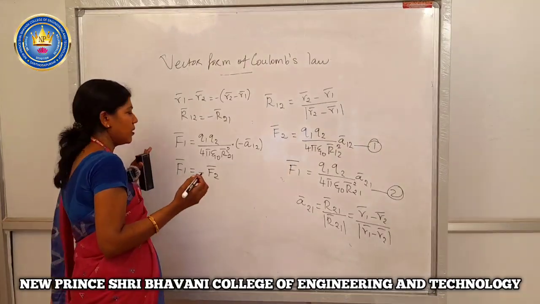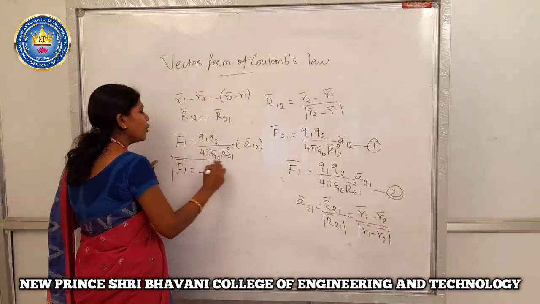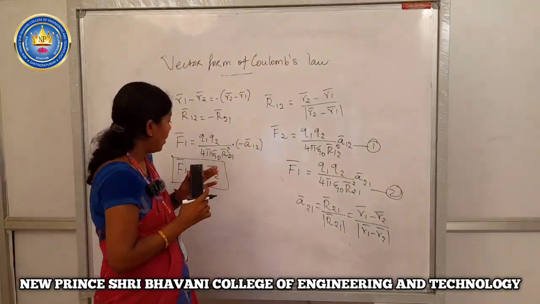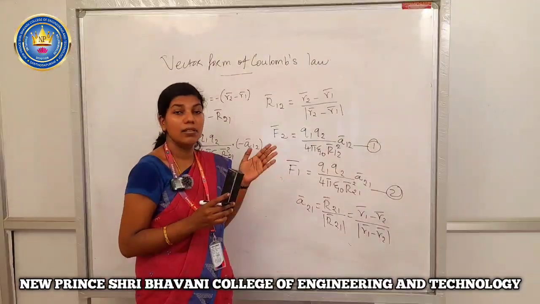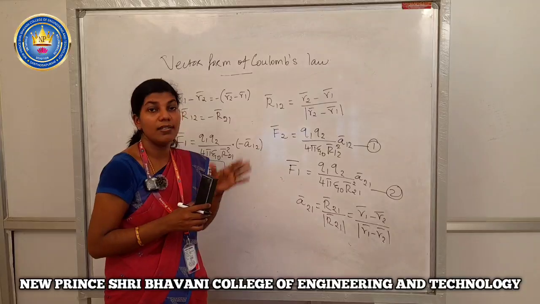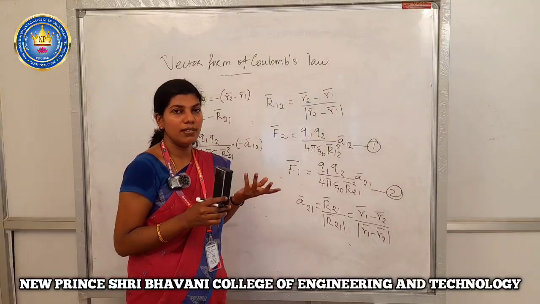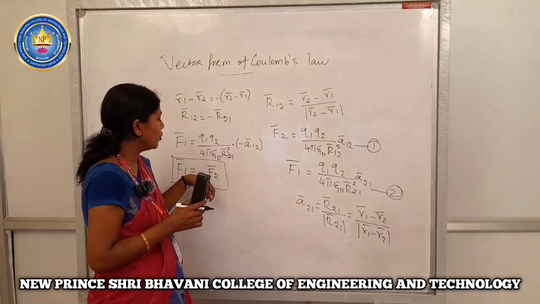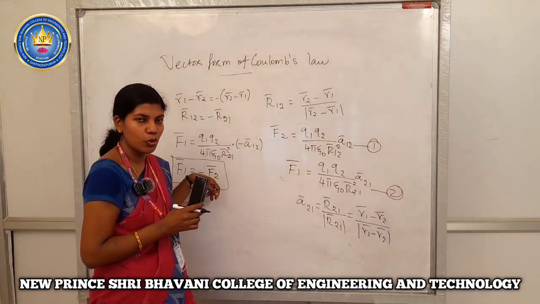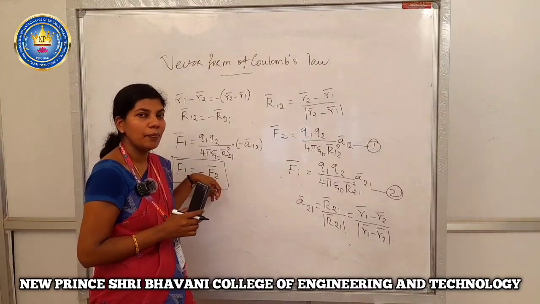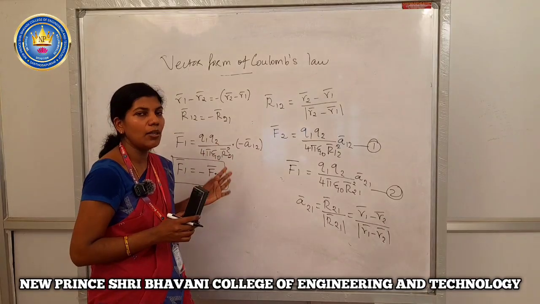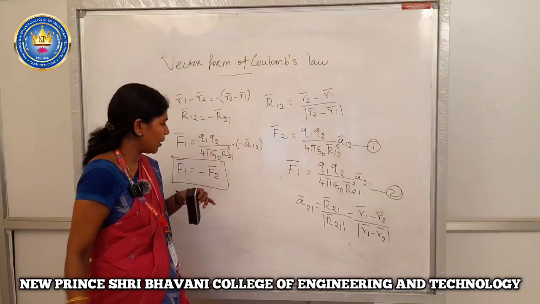Hence F1 bar is equal to minus F2 bar, which means the force exerted by two charges on each other is equal but opposite in direction.